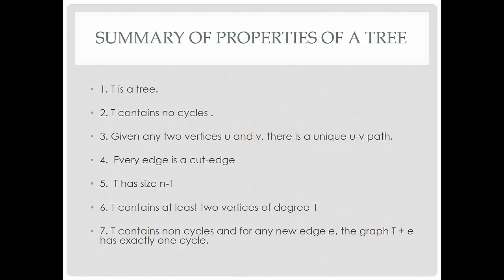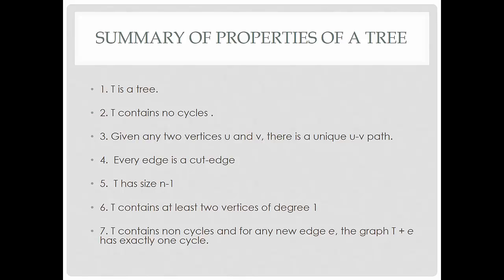Every edge is a cut edge. It has exactly n minus 1 edges. It has at least 2 vertices of degree 1. And if you add any edge, you generate a cycle.